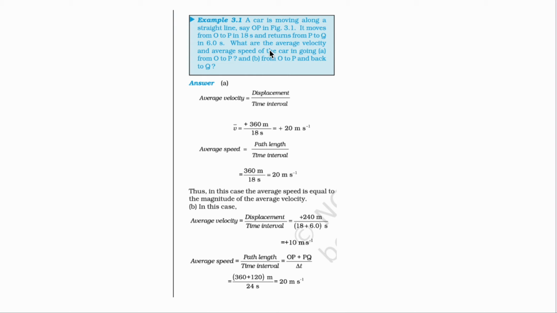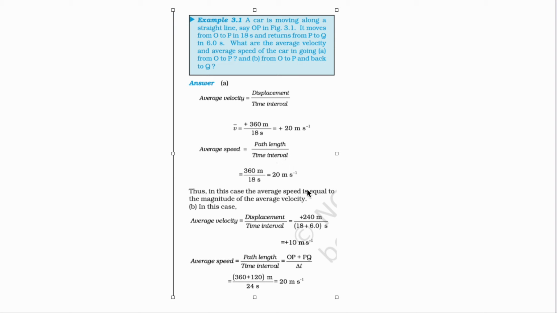So what you have to find is average velocity, that is total displacement by total time taken. According to the figure in the NCERT book, the distance is, first for velocity, plus 360 meter by time taken, 18 seconds, so that is 20 meter per second. And average speed is also the same.